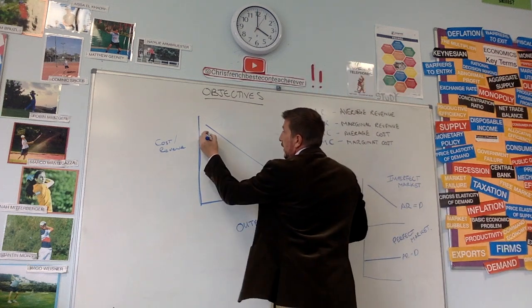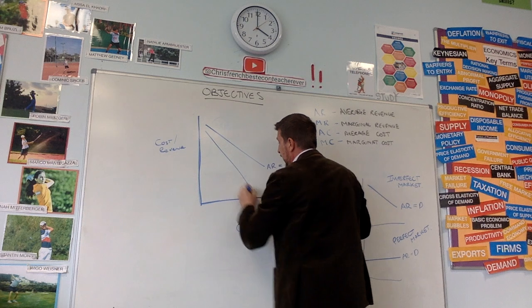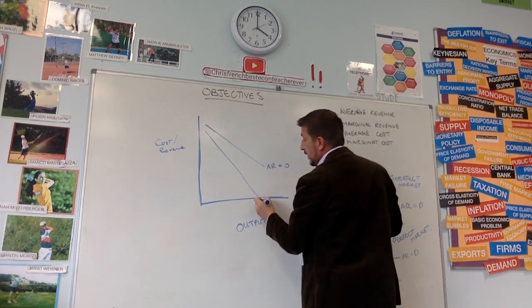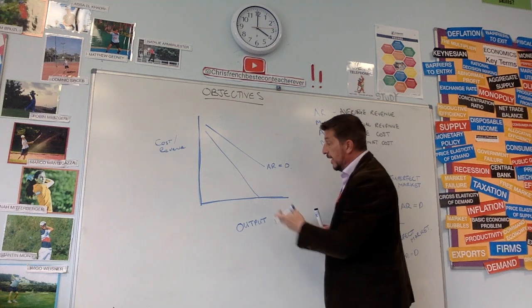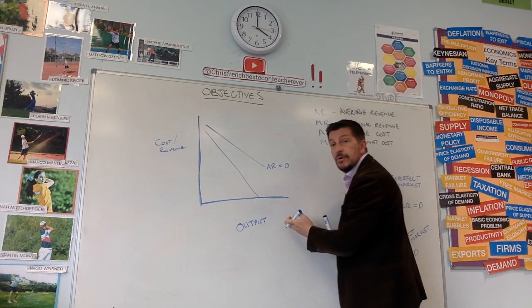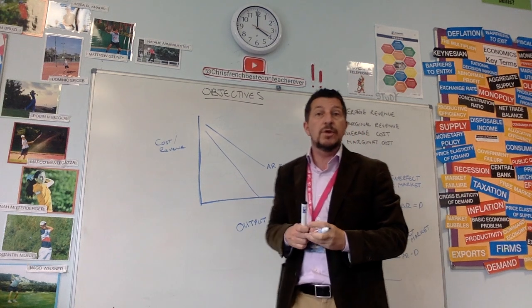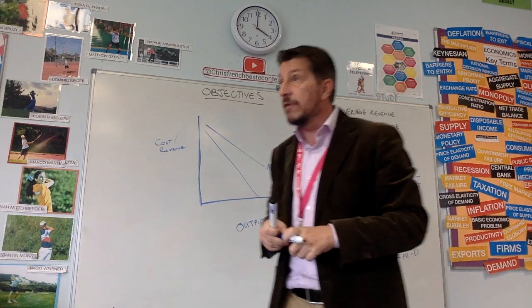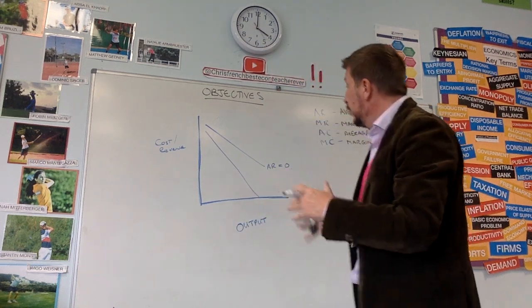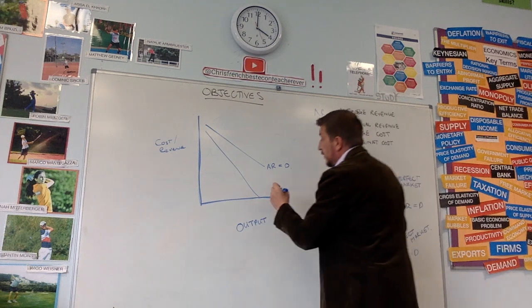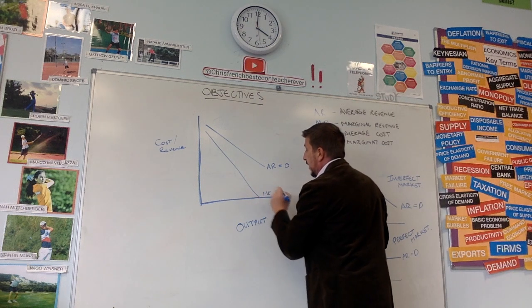That line drops twice as fast, and this is one of the only lines that gets to zero. If you keep going, it will go further down than zero. You could get negative marginal revenue. You would never operate at that level, but you could. This we're going to label MR.